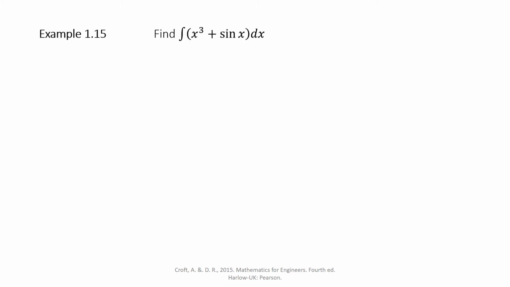Next slide, we are doing an example from the book, and this time we have two functions, x cube and sine of x. So two rules will be used. First of all, what is the rule by which we can split this into two integrals?